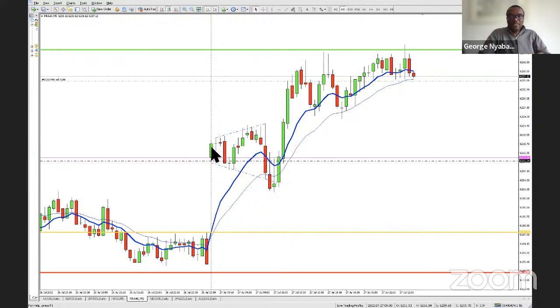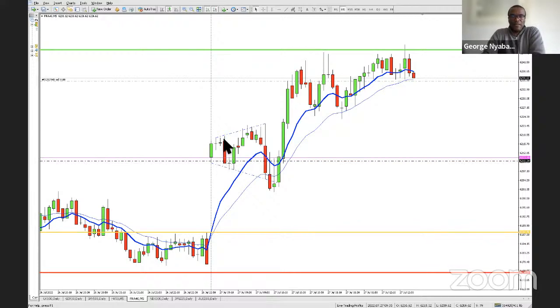You'd have expected the bulls with that much strength to have a follow-through candle and keep buying. Yes, the market has gone up from the open, but these patterns that have been created are indicative of resistance by the bears to the bullish strength.